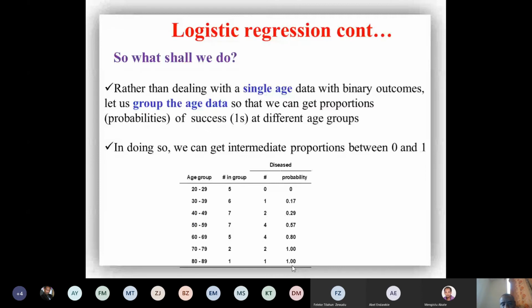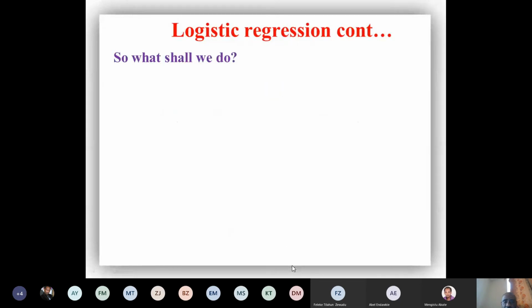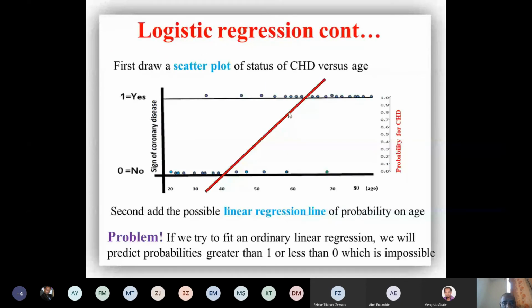Now, the previous problem was solved partially because, as you can see from the previous graph, those who developed the disease were here, and those who did not develop CHD were around here. That means we had only 2 options.